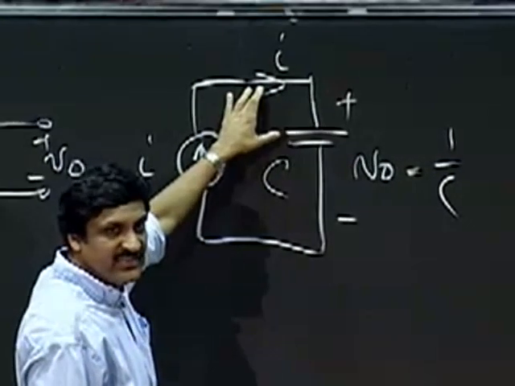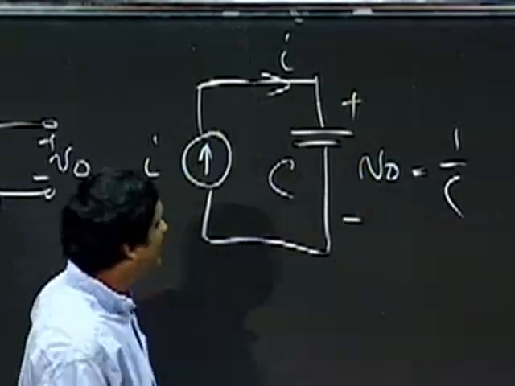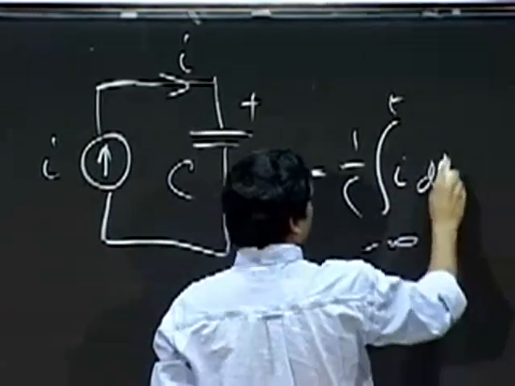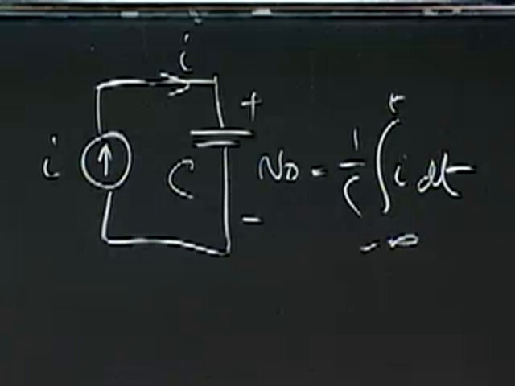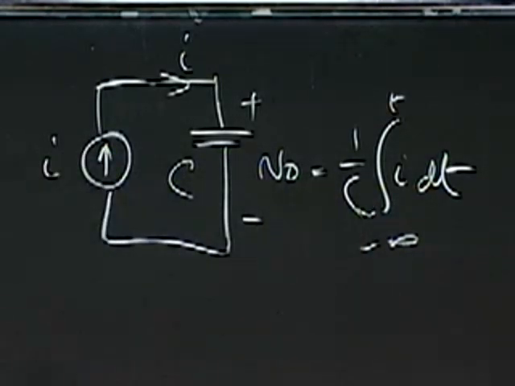So if I is C dV dt, then V is simply 1 by C integral of I dt. So if I can pass the current through a capacitor, then the voltage across the capacitor must be related to the integral of the current.